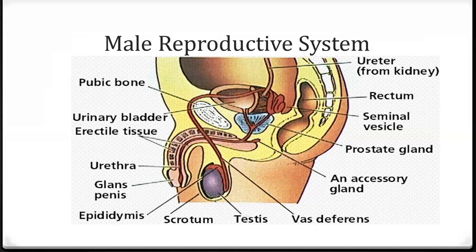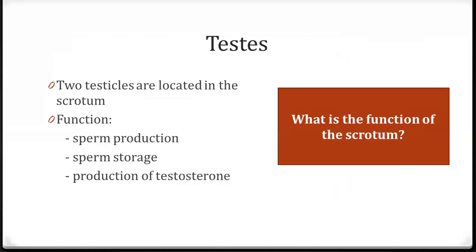And then we're going to go through different structures. Okay, so we're going to start with the testes. The two testicles are located in the scrotum. Their function is to produce sperm, to store sperm, and produce testosterone.